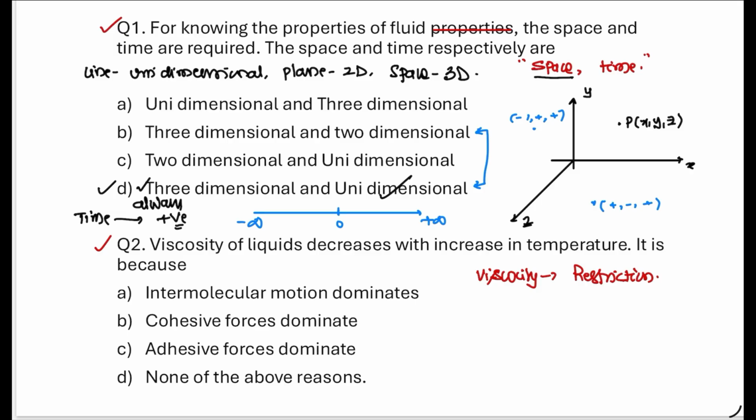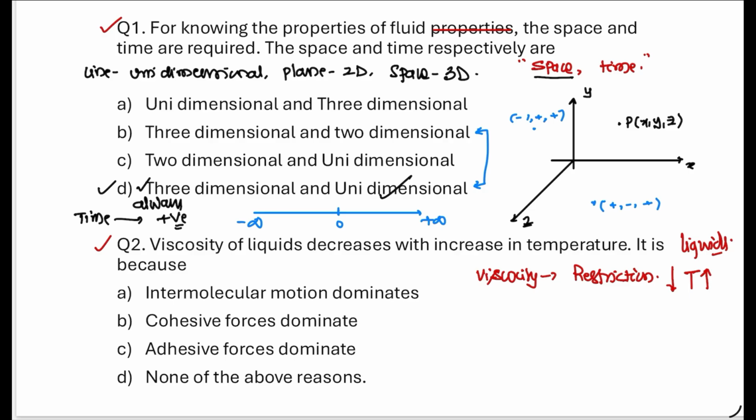It is moving fast, spreading fast. That means viscosity reduces with temperature for liquids. This is a known fact. This fact is given. The reason behind it, why is it so?